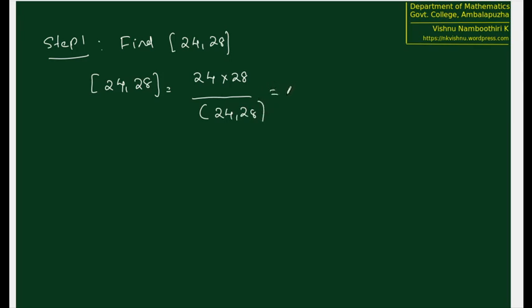Finding the GCD in this case is quite easy because 24 and 28 share the common factors 1 and 4, and 28 has another factor 7, but that is not a factor of 24. Therefore the GCD of 24 and 28 is 4. So 24 into 28 divided by 4 is equal to 6 into 28, and that is 168.